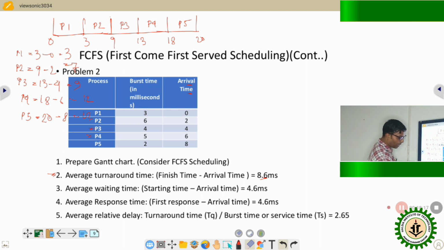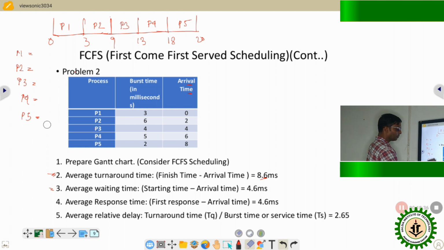Now average waiting time calculation. Starting time minus arrival time. So what is the starting time? Starting time again 0 for process P1 and arrival time is 0, so it is 0.